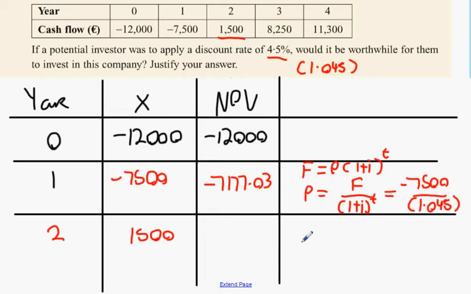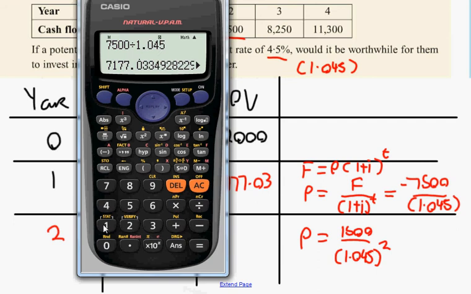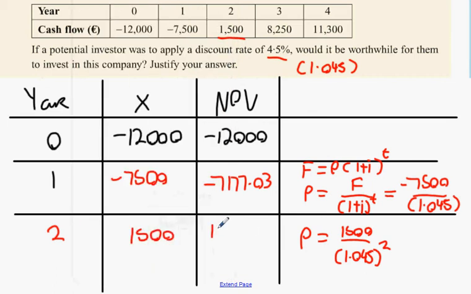So what we're going to do is our P value equals F, which is 1,500, once again divided by 1.045 squared this time. Alright, so 1,500 divided by 1.045 squared. What do you get? 1,373.59. Is that right with you guys?